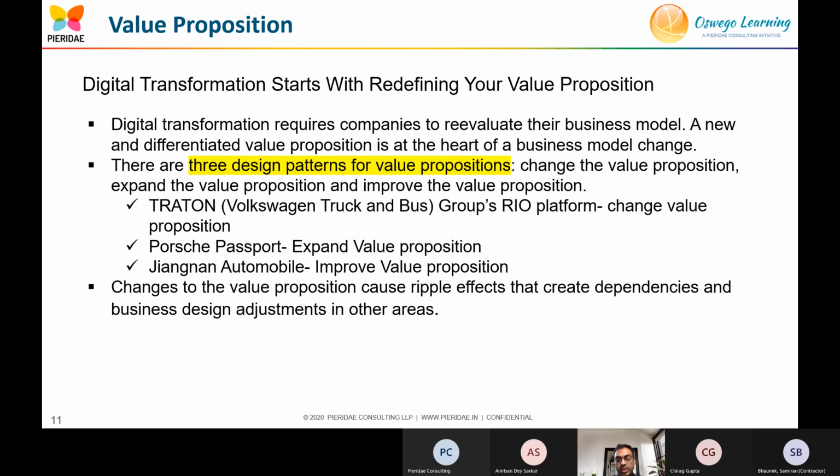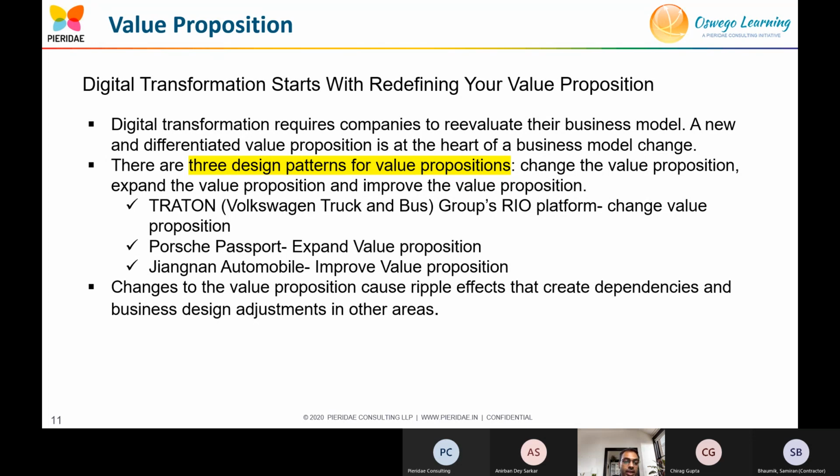So that's expanding the value proposition. You are still delivering a car, right? But you have expanded the value proposition. You have given more flexibility to customers to choose any vehicle, and the customer doesn't need to own anything. They just have to pay the rent for that, per whatever agreement they have made. And the third example is improving your value proposition.